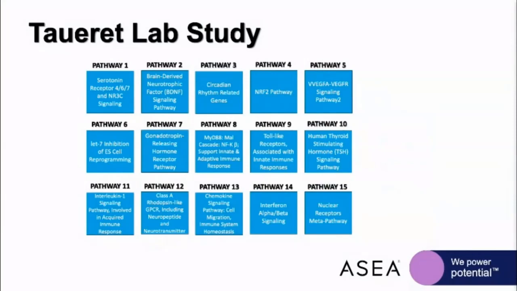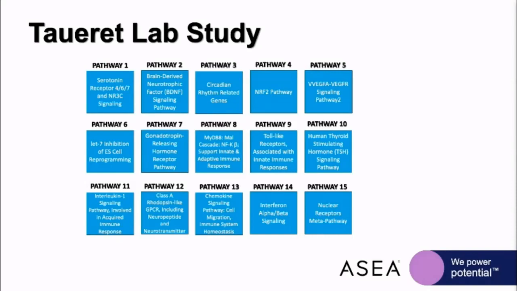These genes are related to many pathways, and here we listed 15 important pathways that these genes are related to. Inside each of these blue squares, we can see the name of the pathways that these genes are related to. They're all very important for our overall health and resilience.